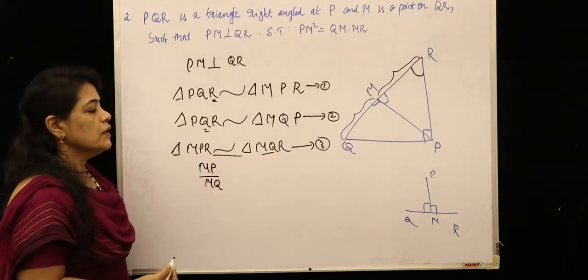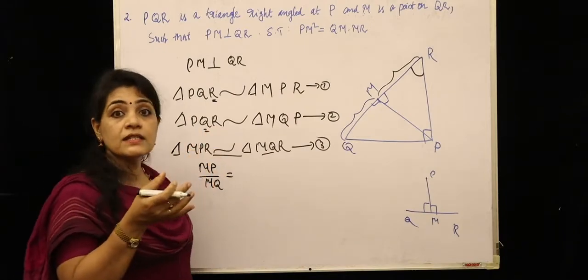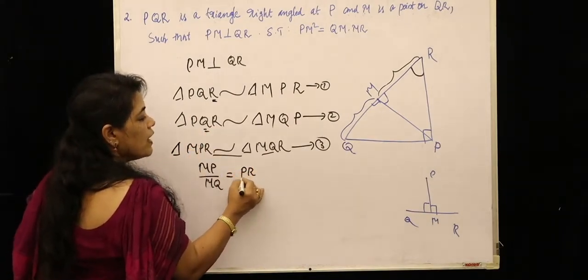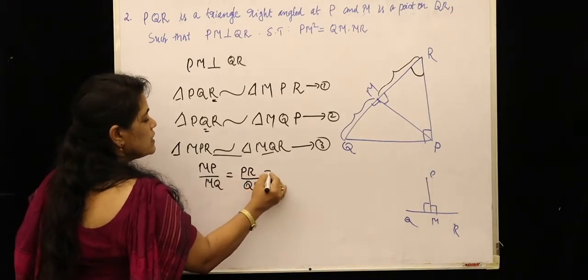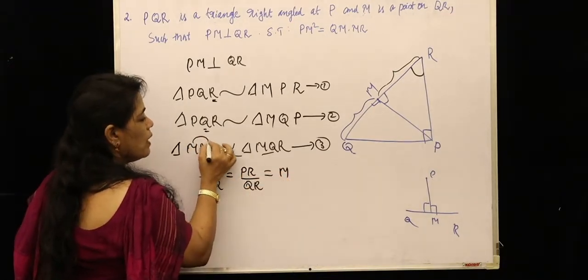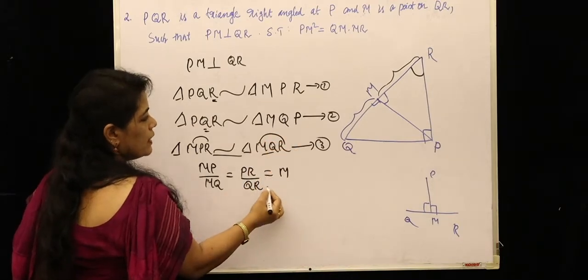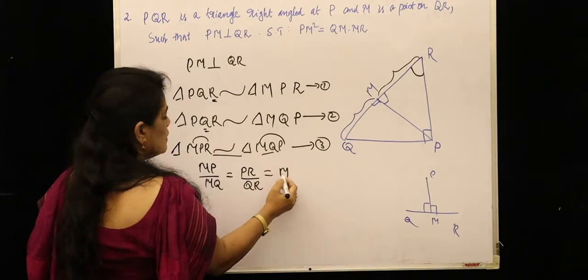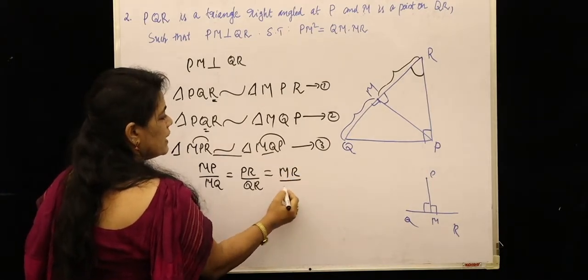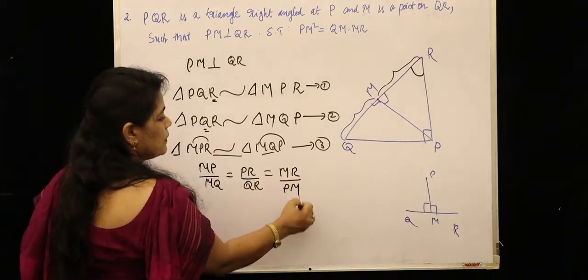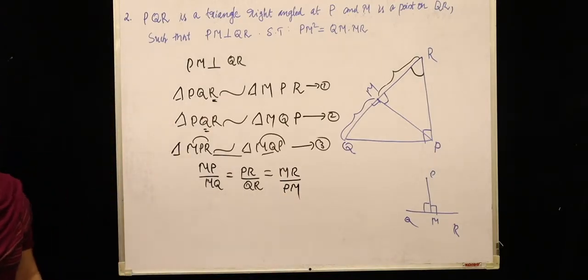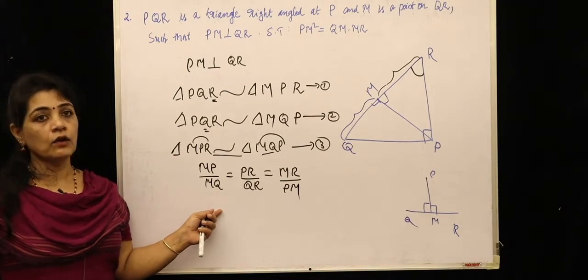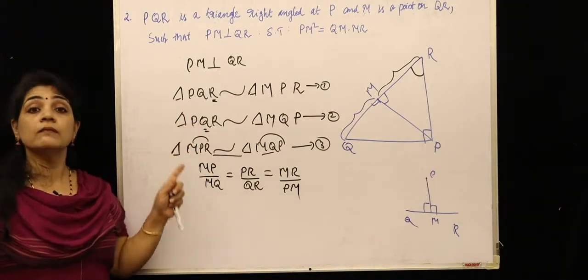If they are similar, you can write their corresponding sides in the same ratio. That is PR divided by QR, which is equal to MR divided by MP. MR divided by PM or MP, it doesn't matter. From these three ratios, which can be taken in order to get that answer? Here we need PM square.